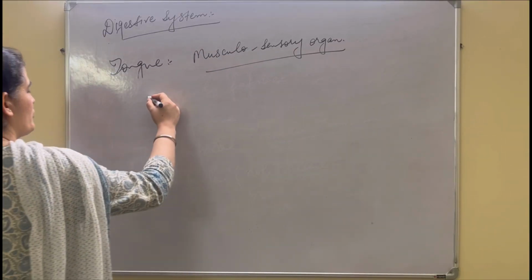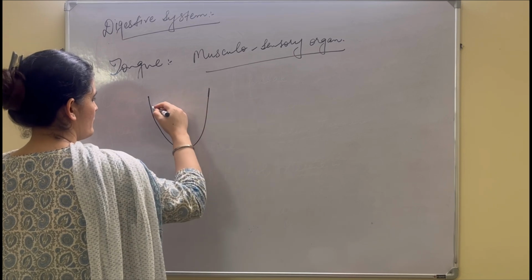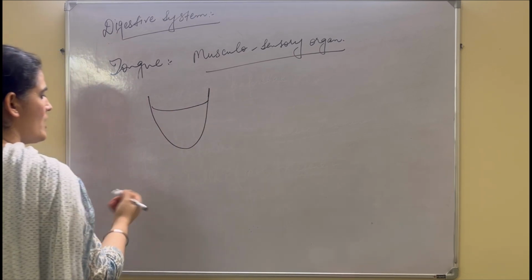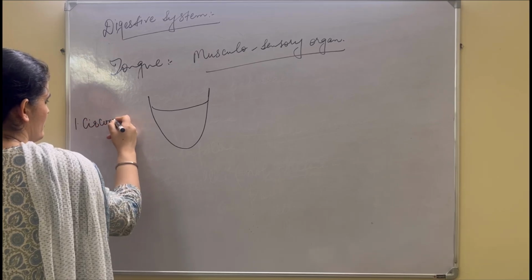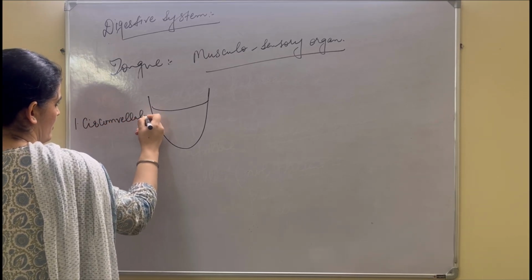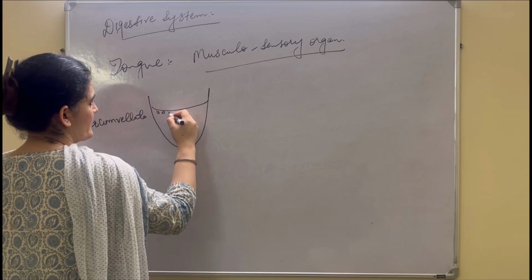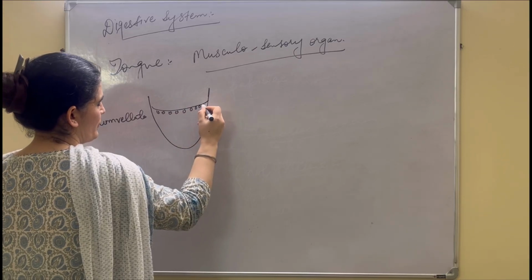So students, first of all, our tongue. Now the first one was circumvallate. Circumvallate papillae are present here at the base of the tongue.